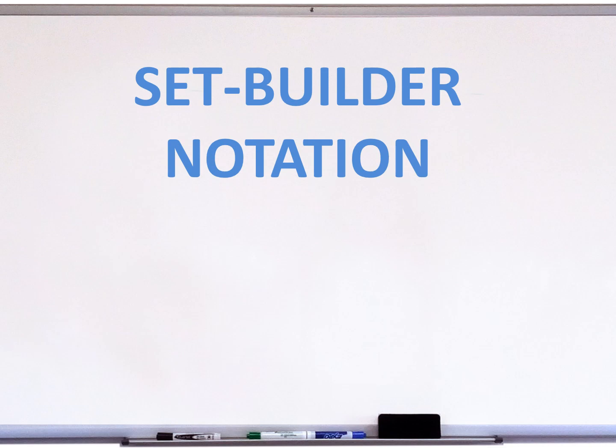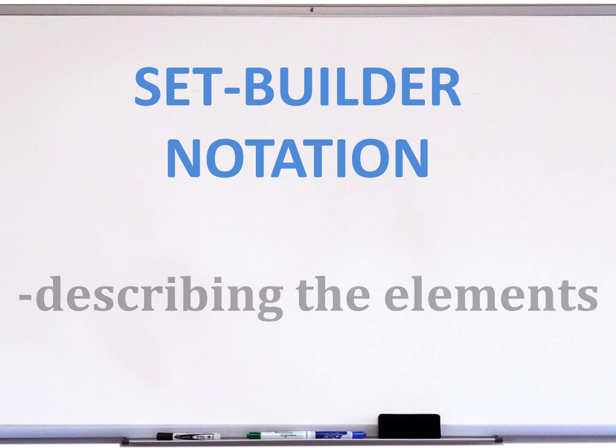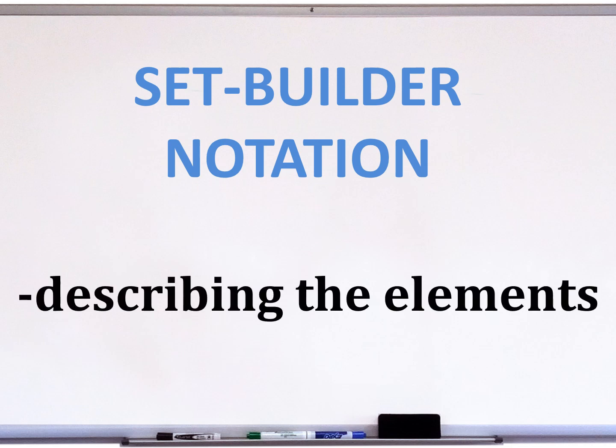Another way of writing a given set is through the set builder notation. Set builder notation is the method of writing a set by describing the elements through a mathematical symbol.